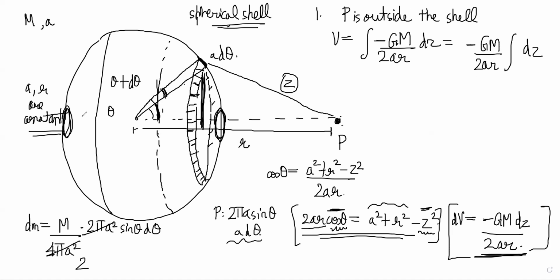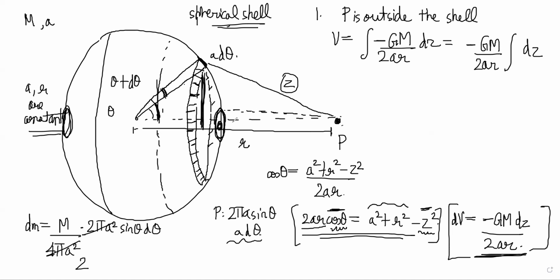So many rings can be made. How does the z value change? If your ring was really close here and a small ring, let's say theta tends to 0, the ring will be really small, and the z, if you think about it, is going to be roughly the difference between r and a.